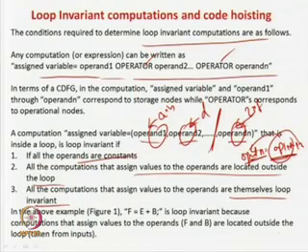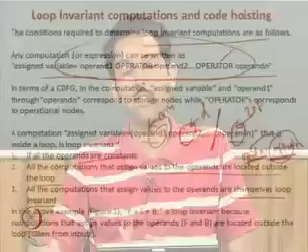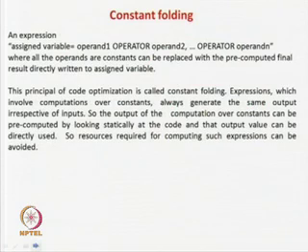So better you do not keep such operations inside the loop; you hoist them out so that their values are computed only once, outside the loop. How many operations are you saving? In this case operators 1, 2, 3, 4. If there are n operators and your loop runs a number of times, you save n into (a minus 1) operations. Correct. So, that is one kind of optimization.